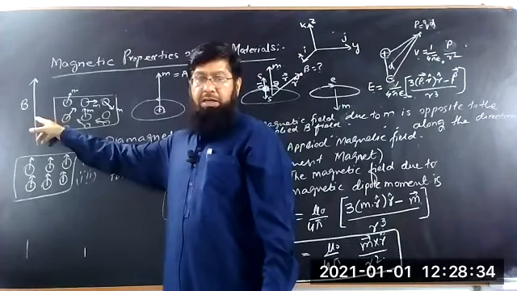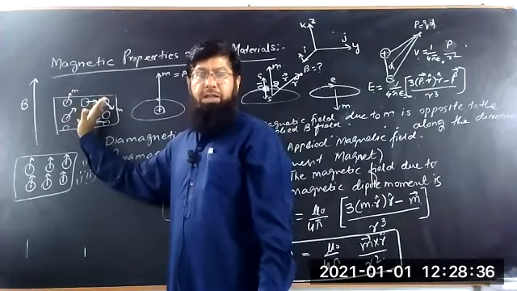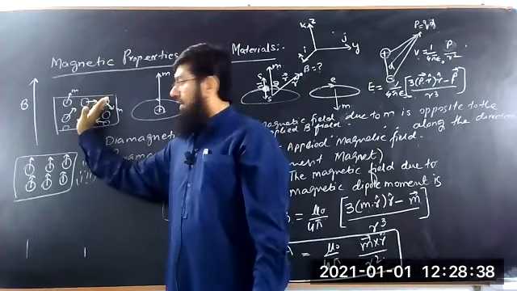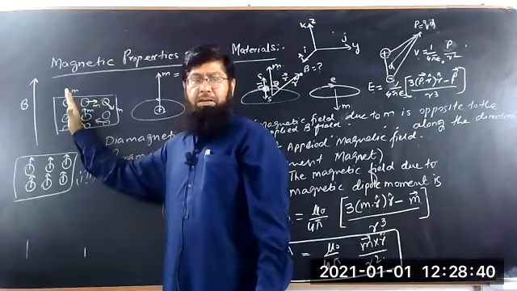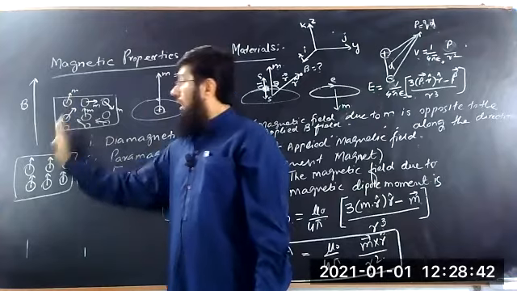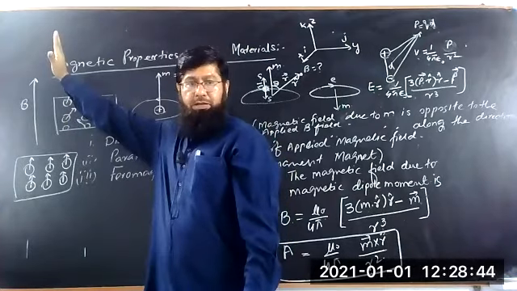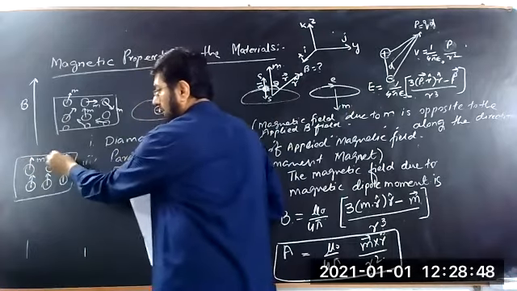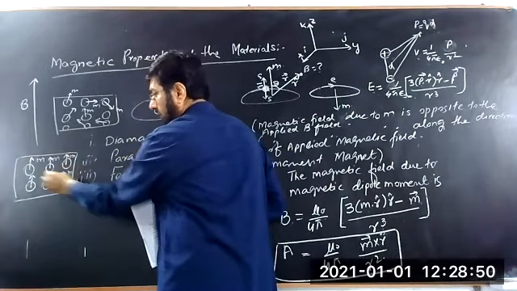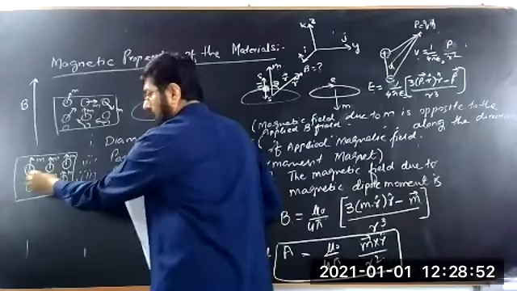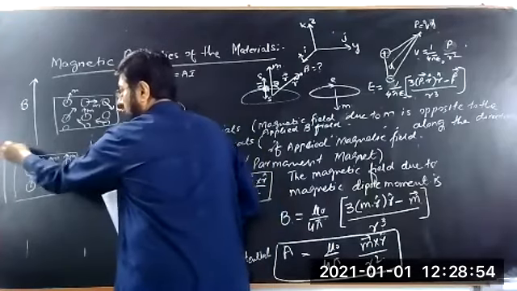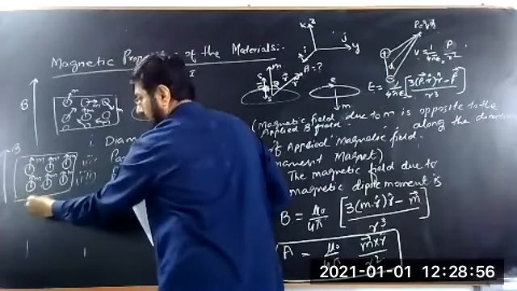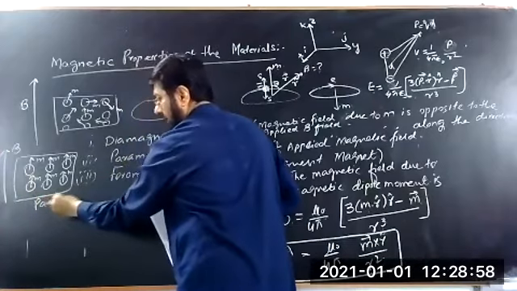Due to this B, a torque is produced, the turning effect. As a result, this will turn the magnetic dipoles along the direction of the magnetic field. So these magnetic dipoles are turned due to the external force of the magnetic field B. So this material is known as a paramagnetic material.